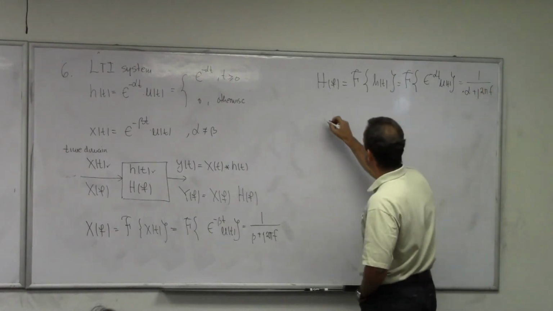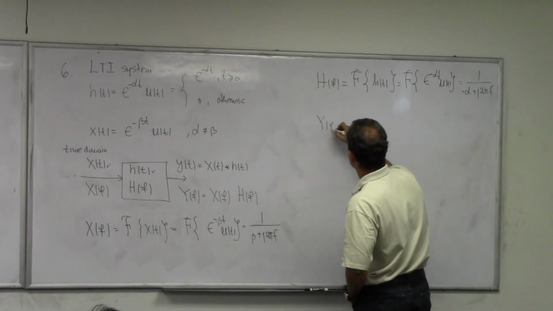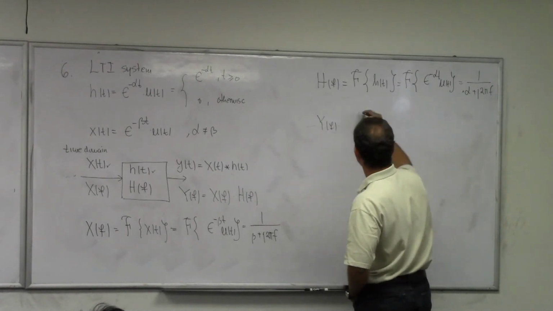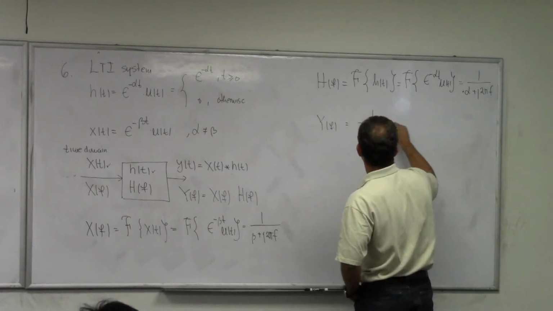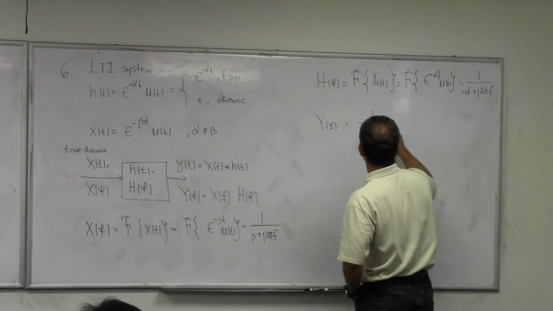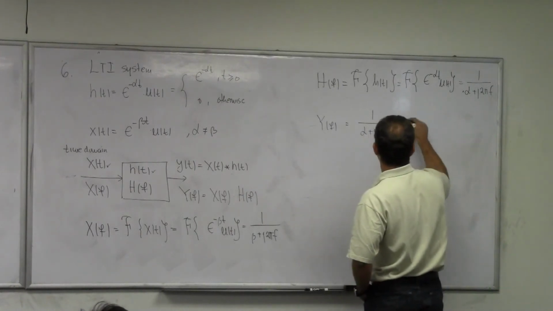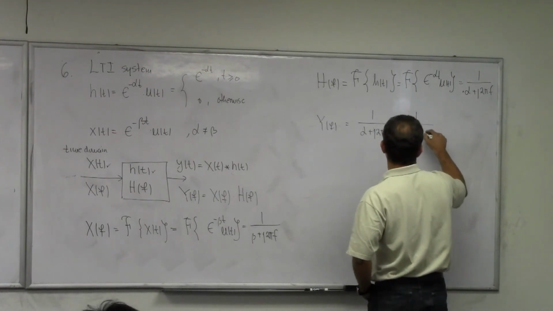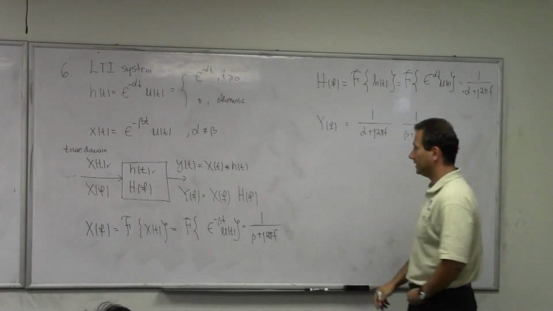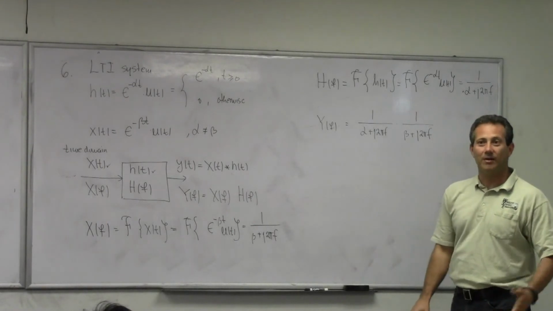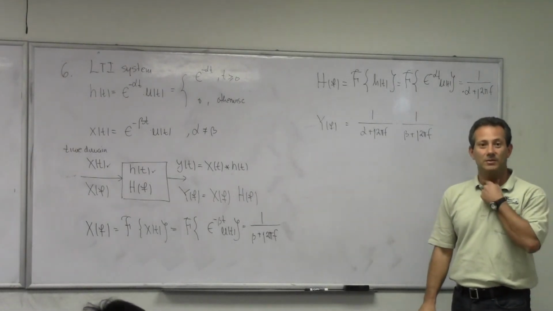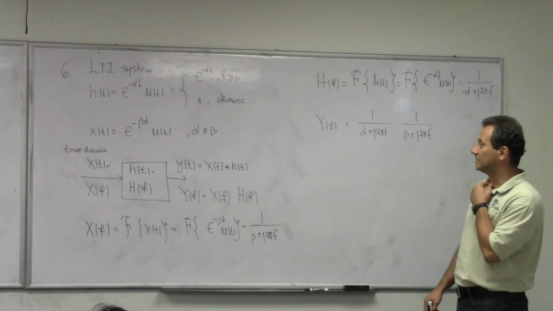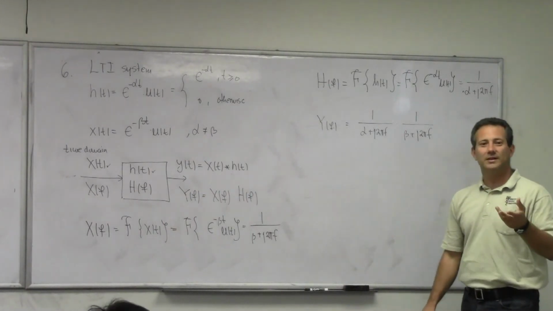So what is y of f? It is the product of these two. So it is equal to 1 over alpha plus j 2 pi f times 1 over beta plus j 2 pi f. And that's the end of the problem, right? See how easy it is in the frequency domain. Now, where it becomes tricky, you cannot trick nature, right?